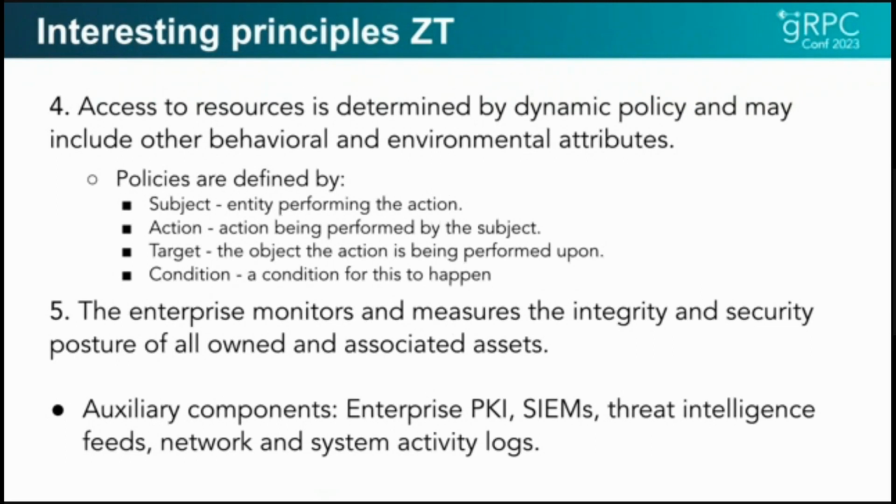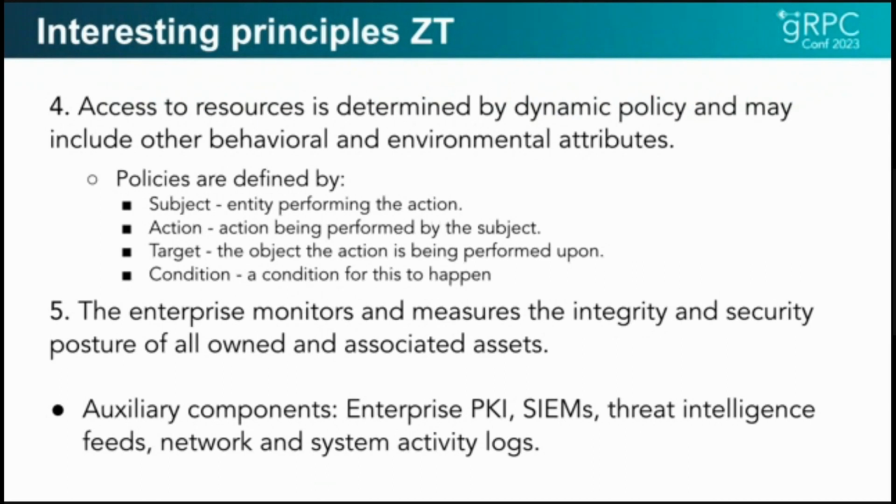So the policies, according to the specification, are set by a subject, the entity that's performing the action; an action, the action that's being performed by the subject; a target, the object that the action is being performed upon; and a condition. So these are basic traits that you need in your policy, and they are defined by this spec.